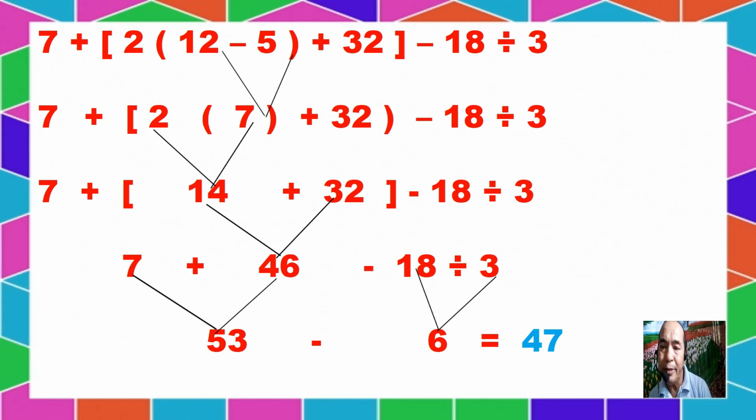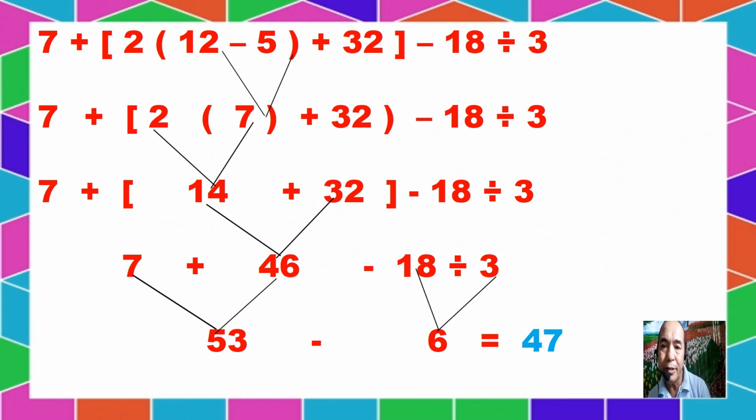So, what is the remaining operation? We have 7 plus 46 minus 6. So, we will apply rule number 4. What does rule number 4 say? Perform addition and subtraction as they appear. So, whichever comes first. Addition comes first, so we will add. 7 plus 46 will give us 53.